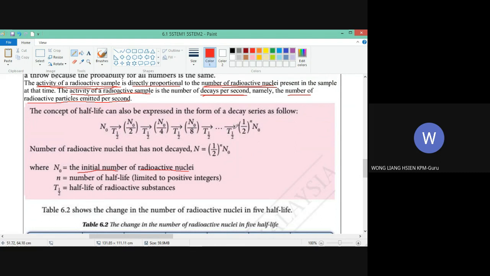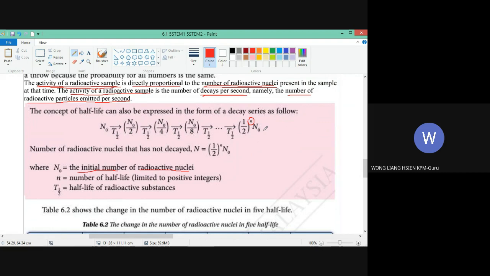So we can say that after n half-lives, this original number of unstable nuclei multiplied by half to the power of n, you will get the number of unstable nuclei that is left.